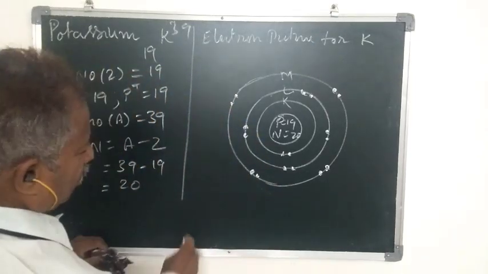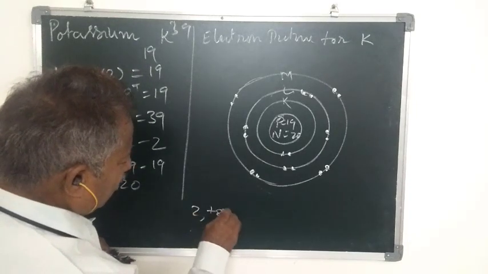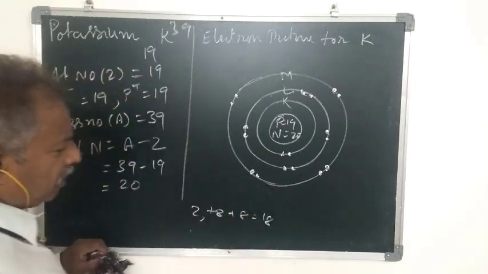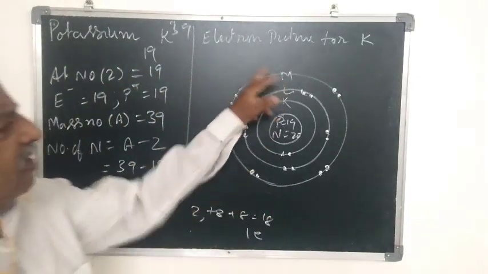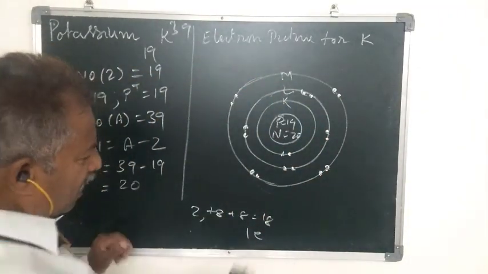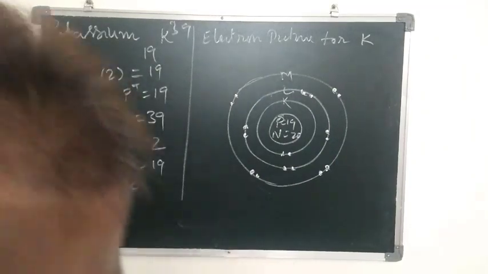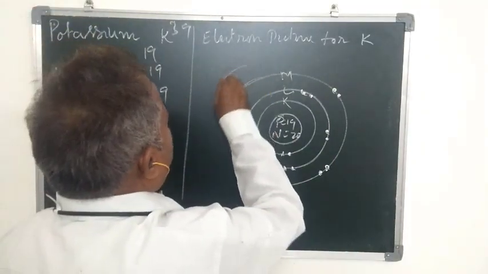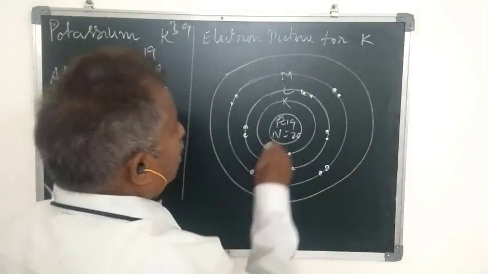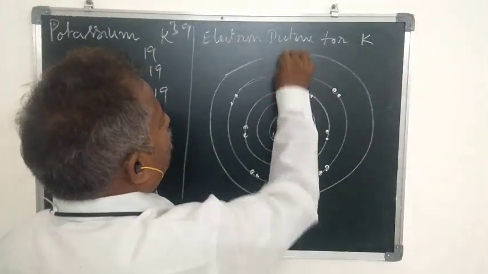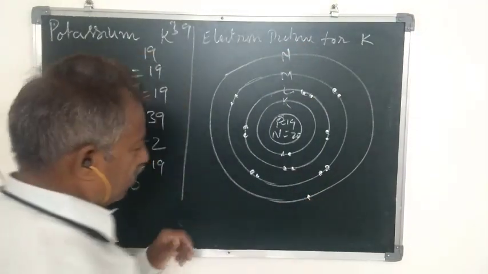Totally 2 plus 8 plus 8, 18 electrons. Still, one more electron is left. This electron doesn't enter into this shell. So, this last electron enters into next shell, next orbit or next energy level. So, in this way, this is K, L, M, and this is last electron.